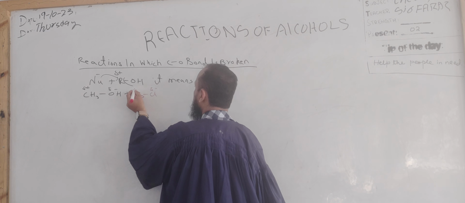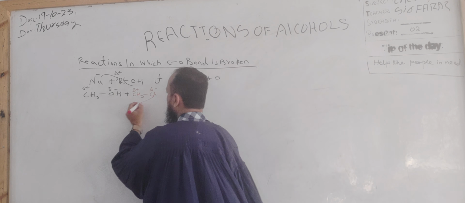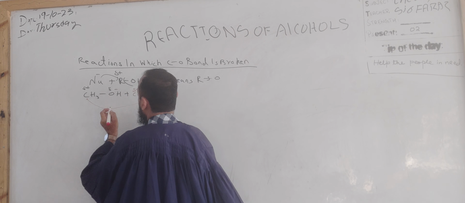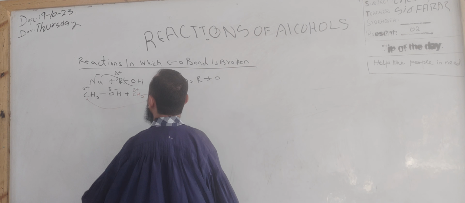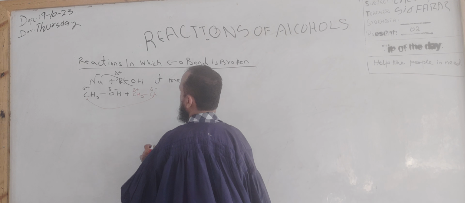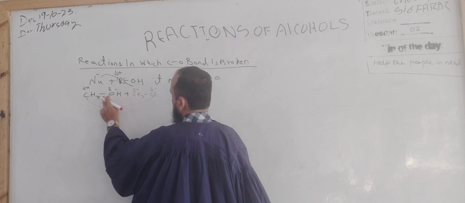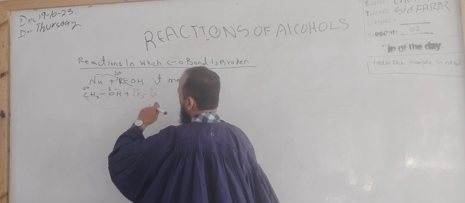CH3Cl: partially negative, partially positive. This negative attacks on this positive, and this negative attacks on this positive.